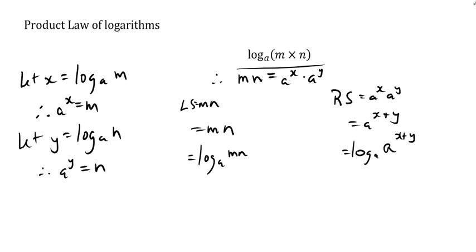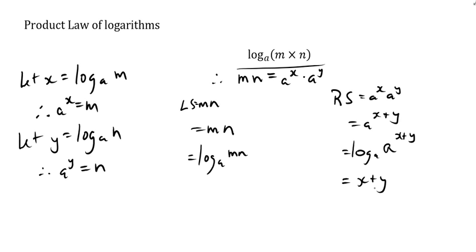And what did we just learn? Log base a of a to the x plus y equals? Not 1, because the exponent's not 1. You're on the right track. So what is it, Brandon? x plus y, right?